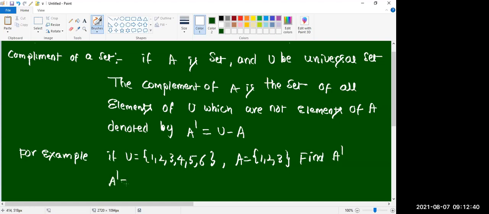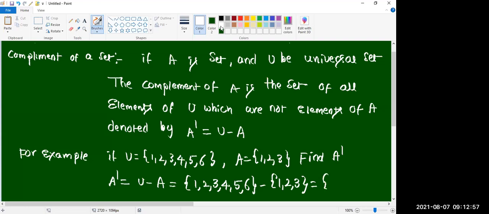A complement equals U minus A, which is 1, 2, 3, 4, 5, 6 minus 1, 2, 3. The 1, 2, 3 will get cancelled, so 4, 5, 6 is the answer.